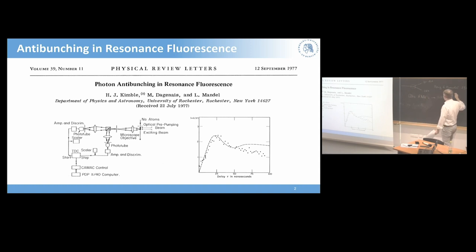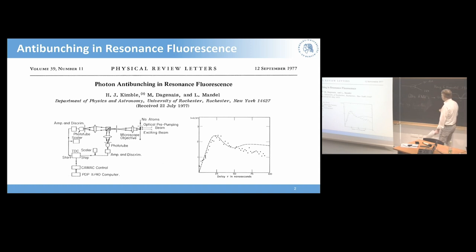Maybe one insight that we get if we look at the G2 function of single atom fluorescence, which I will also sketch later, is that it will often look like this and actually has this quadratic dependence as a function of waiting time.